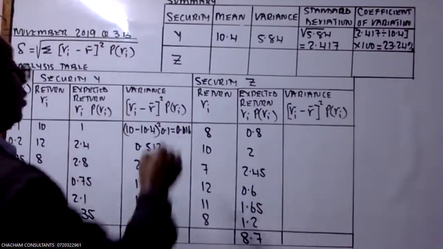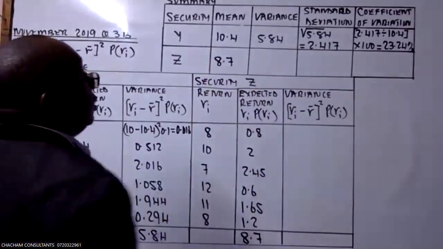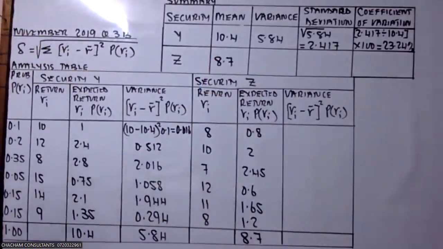Now that is the mean. Let's write it here below in our table. 8.7. That is the mean of Y. Sorry, of Z.